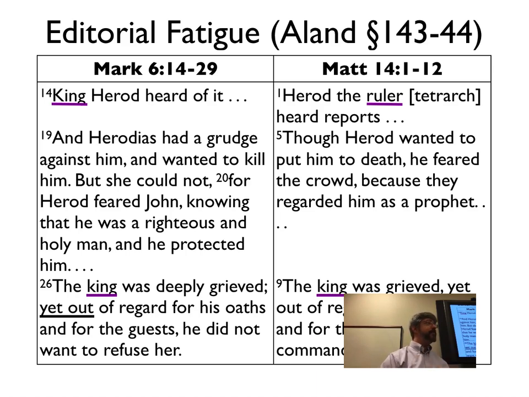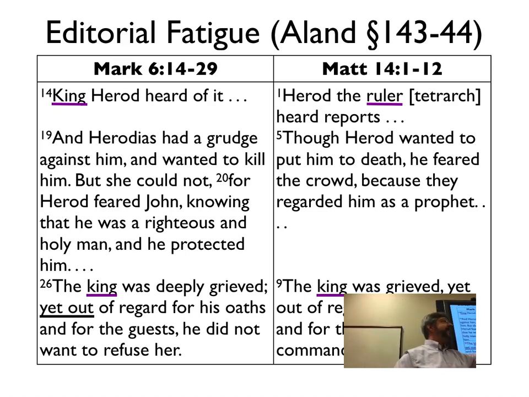But does he in Matthew? Well, why is he grieved? In Mark, it makes perfect sense, right? Because in Mark, Herodias wants him dead, but Herod doesn't. And so now when he has to put him to death, he's like, I didn't really want to kill this guy. And that fits with grief.